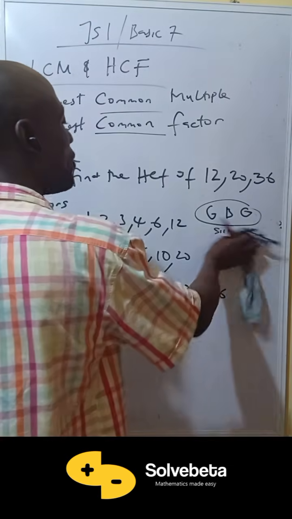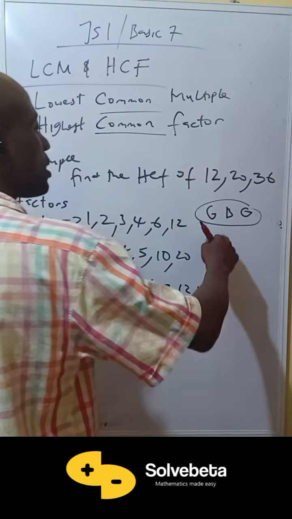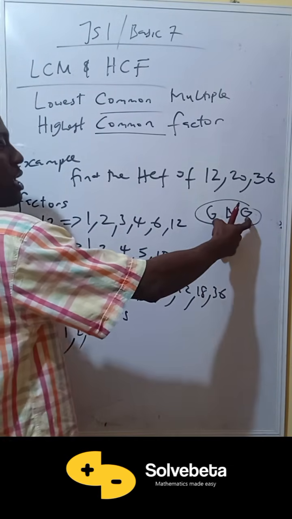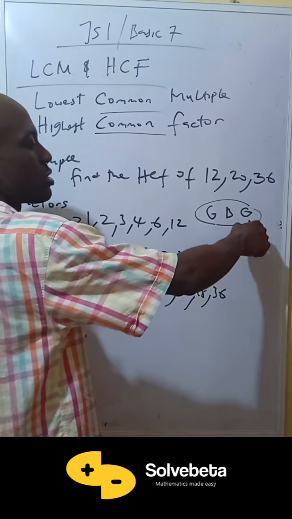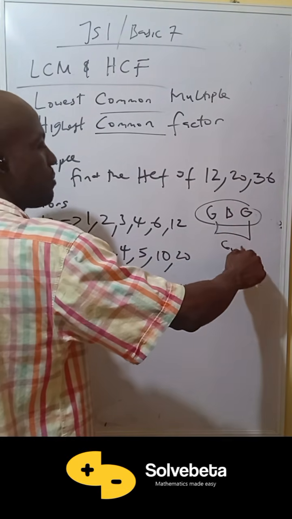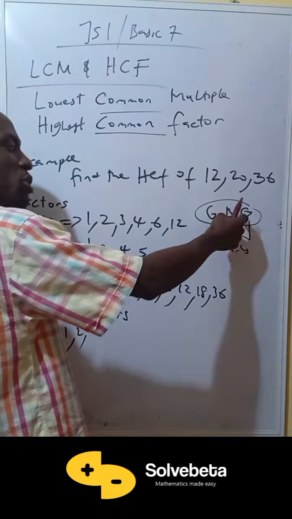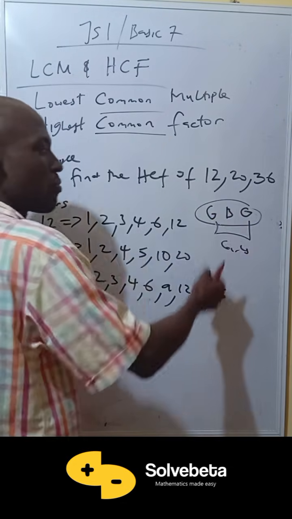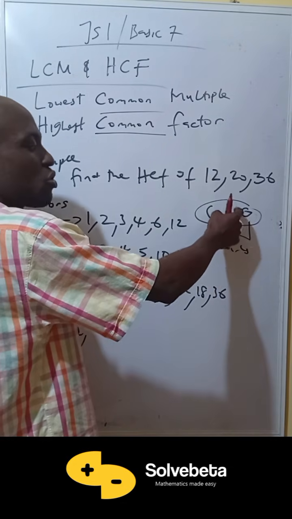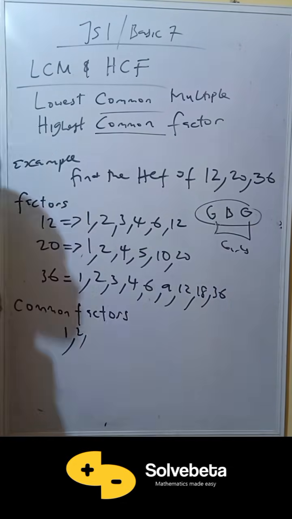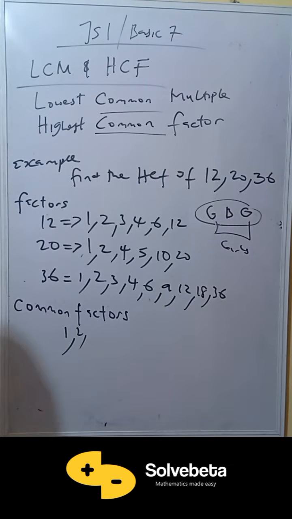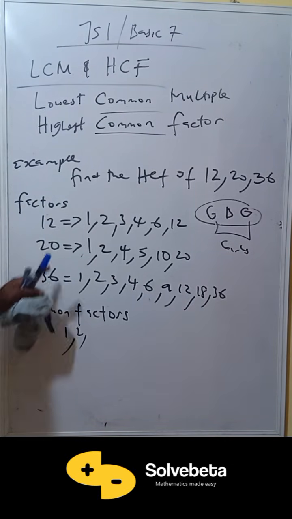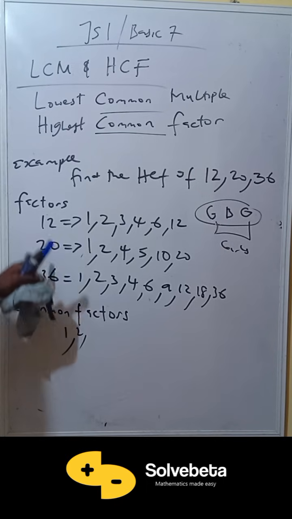But if you now want to narrow it down, what is common between the 2 of us here? We are both girls. It's common to you and your sister, but it's not common to your brother because your brother is not a girl. The same way, 3 is common to 12 and 36, but it's not common to 12, 20, and 36.